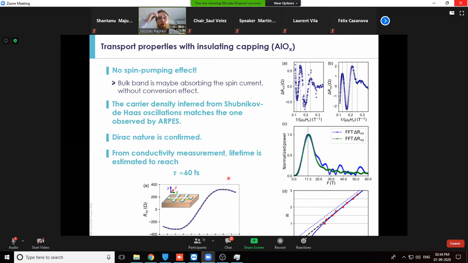From the conductivity measurements, we can estimate a lifetime of about 60 femtoseconds. So from this point of view, we managed to improve the situation. But okay, as I said, we have the bulk band.